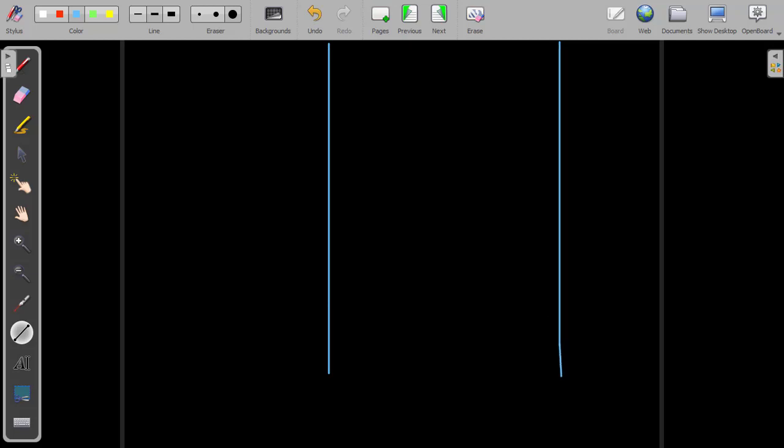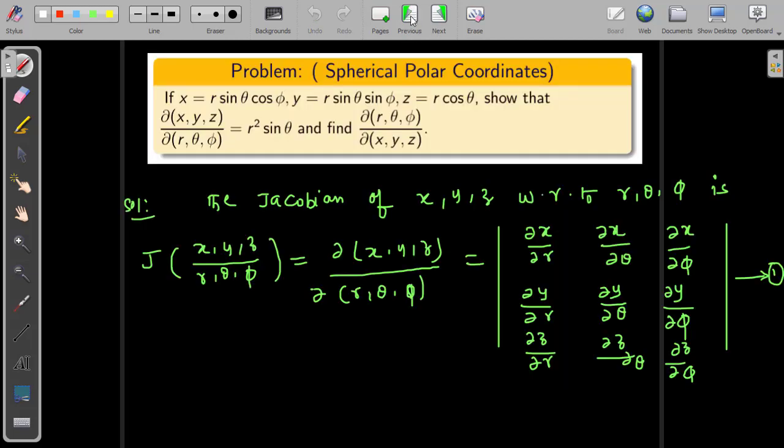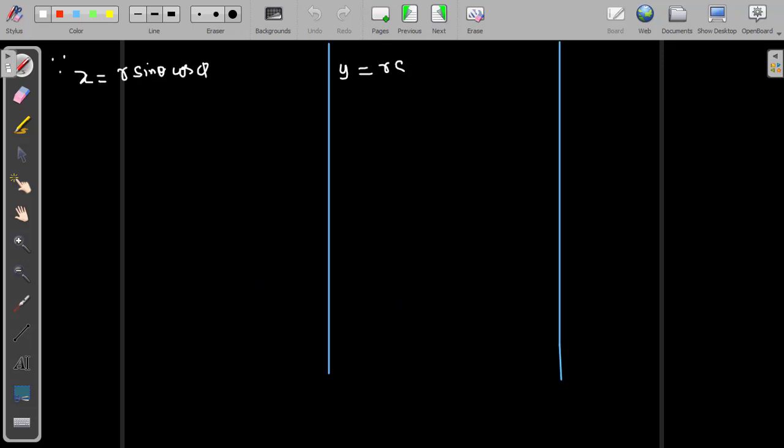Let me recall: x equals r sin theta cos phi, y equals r sin theta sin phi, and z equals r cos theta.